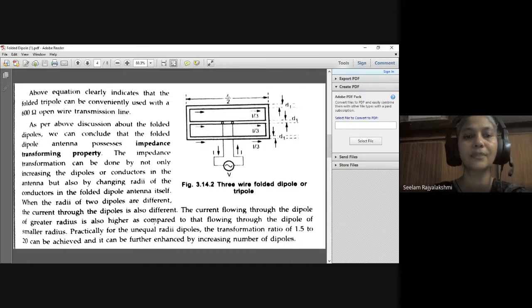Practically, for unequal radii dipoles, a transformation ratio of 1.5 to 20 can be achieved, and it can be further enhanced by increasing the number of dipoles.